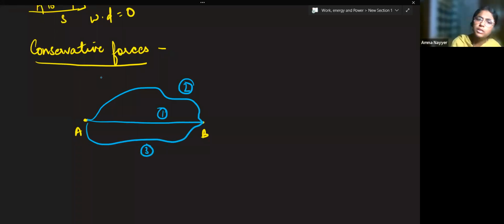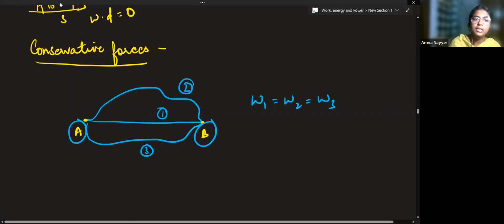There are 3 routes that are taken. If the conservative force is applied, then work done in 1, 2, and 3, all these 3 will be the same. Work done does not depend upon the path that has been traveled. It only depends on the initial and the final point. This is what is meant by conservative forces.